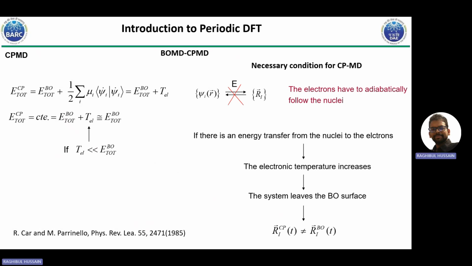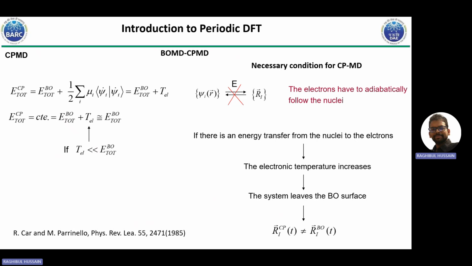So I can write the CPMD equation as the total energy in the Born-Oppenheimer surface plus this extra term added by Car-Parrinello. Basically this is nothing but the kinetic energy of the electron, rather, I will say of the orbital. So now it should satisfy a condition. Right now, I cannot give any value to this T of L. It should satisfy some condition.